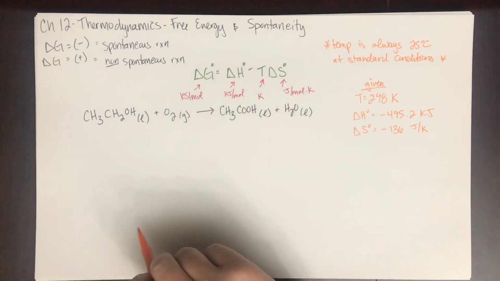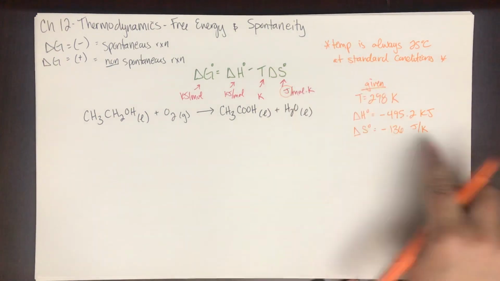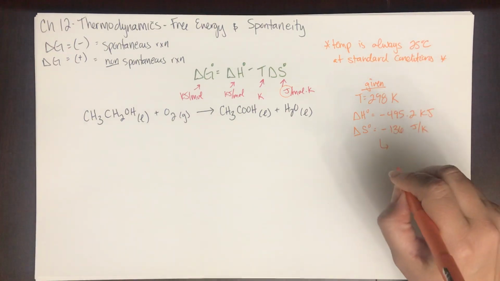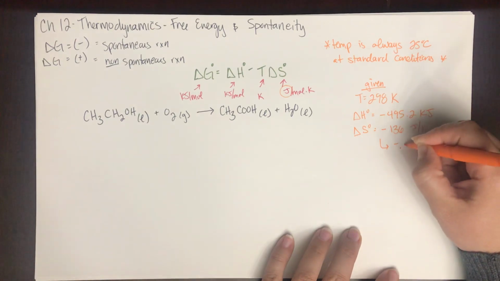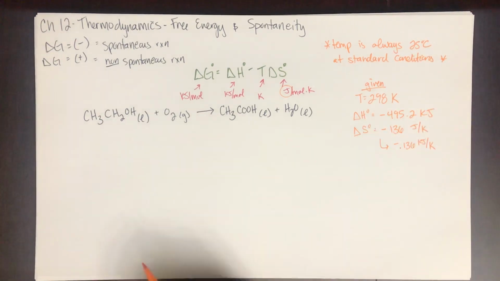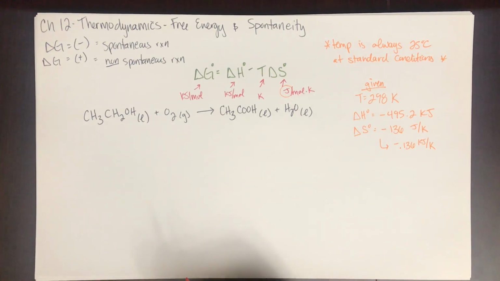So I'm just going to plug these in and solve for delta G. The thing to pay attention to is that entropy is in joules per Kelvin, so I'm going to convert this right away to negative 0.136 kilojoules per Kelvin.